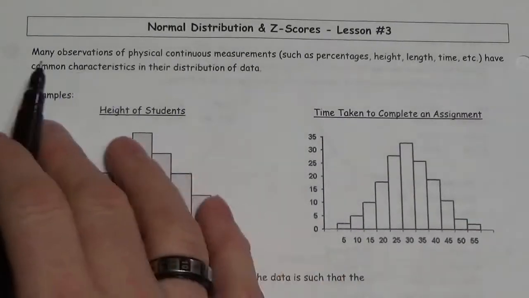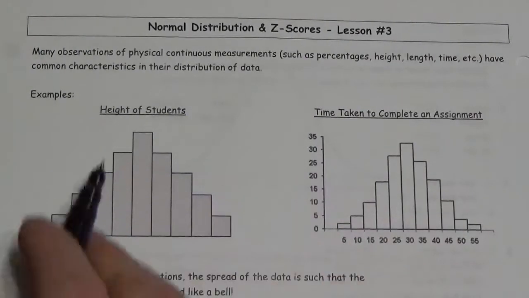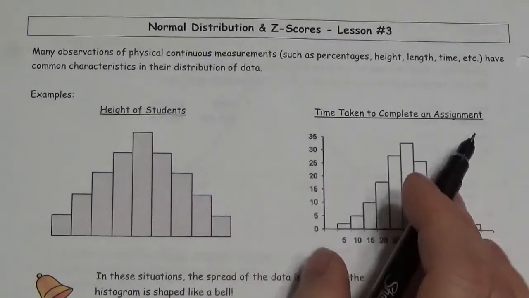So, for example, if you've got a characteristic, some sort of physical characteristic or whatever that you're measuring, it doesn't really have to be physical, but that's an easy one, like the heights of students, or let's say it's the time taken to complete an assignment.